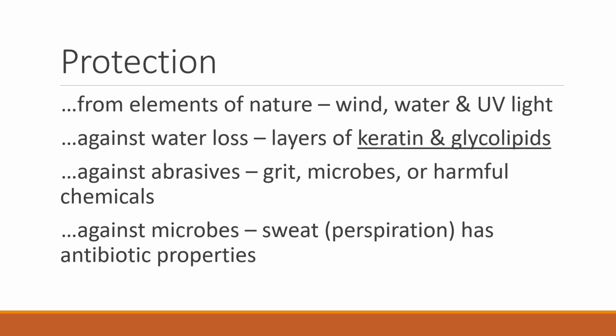First, protection from elements of nature: wind, water, ultraviolet light. We mentioned previously how melanin, secreted from the melanocytes, helps shield the keratinocytes against damage from ultraviolet light, and thus also protects the underlying tissues from UV light.